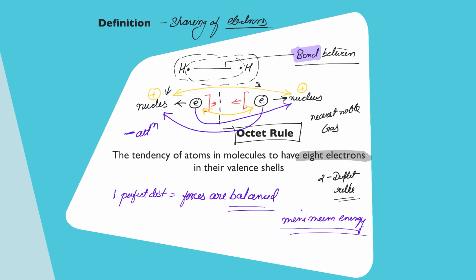Now how do we represent that? We can represent them via this. Now it's not necessary that there can be only one bond formed. Now let us take an example of oxygen, O2. Oxygen is a molecule, right, of 2 oxygen atoms, and the atomic number of oxygen is 8.